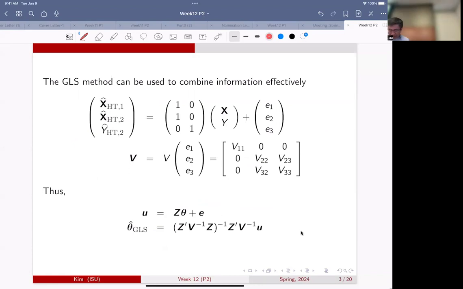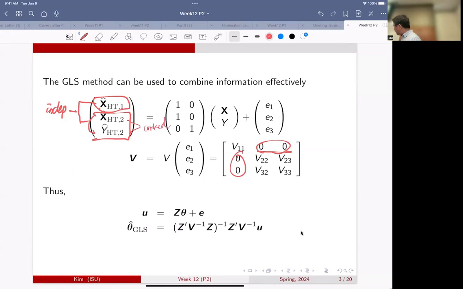And notice that these two are independent, right? So that's why you can get 0. But Y1 and these two could be correlated, right?